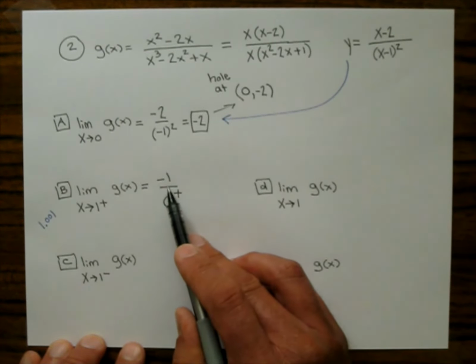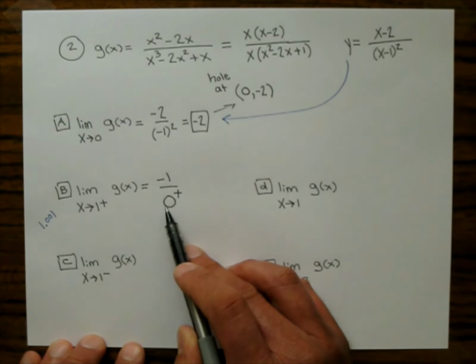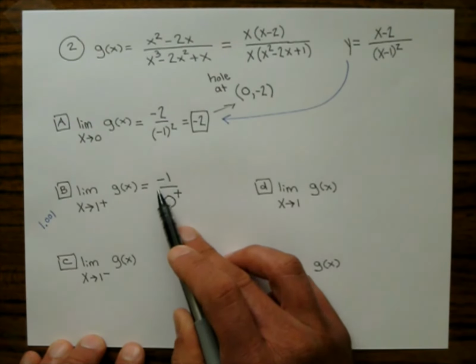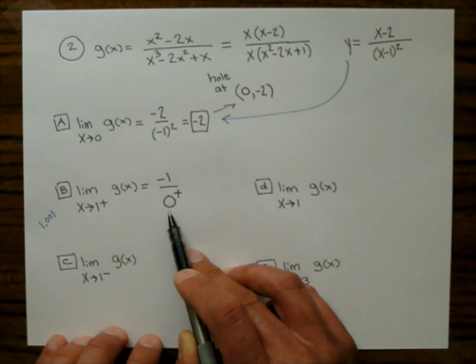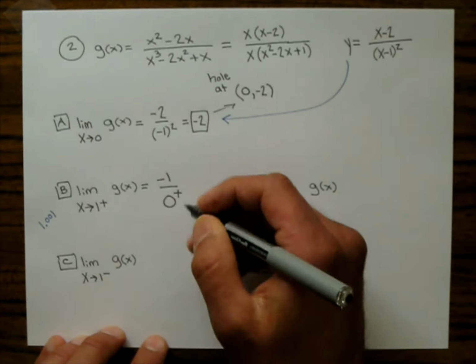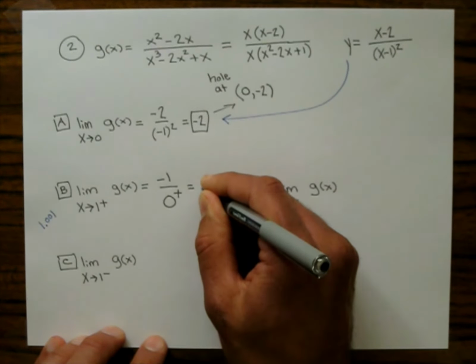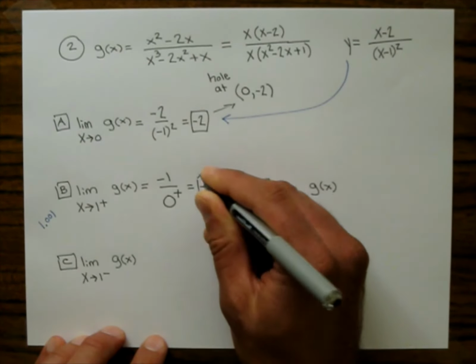So if you've got a negative number that's kind of fixed over a very small positive number, that's going to end up, when you press that on a calculator, giving you a very large, in magnitude, negative number, like -1,000,000 or something, because you've got the negative on the top. So this limit is going to be -infinity.